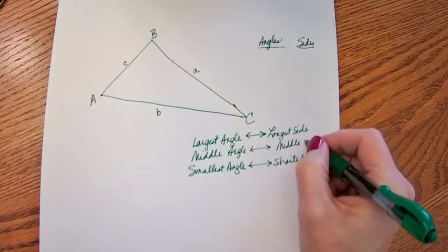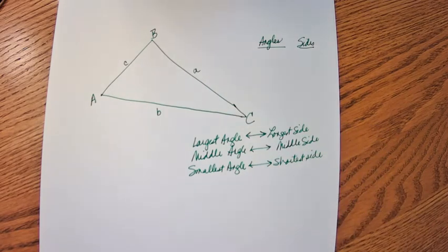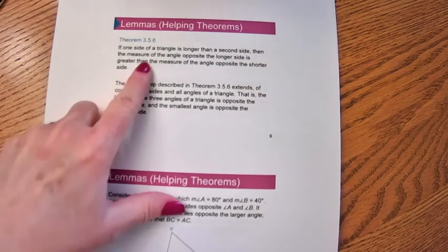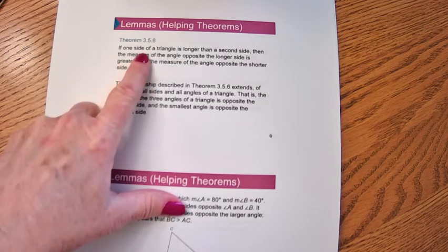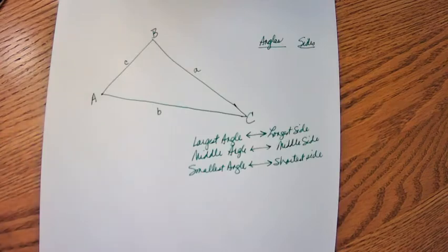The side that's not the longest, it's not the shortest. This will always hold true for any triangle. So this lemma is talking about side lengths. If one side of a triangle is longer than the second side.